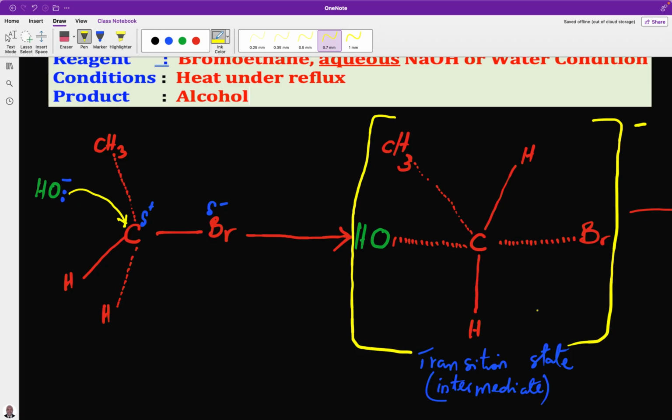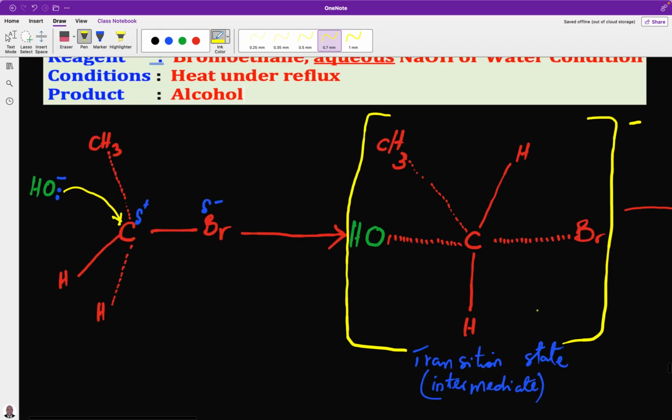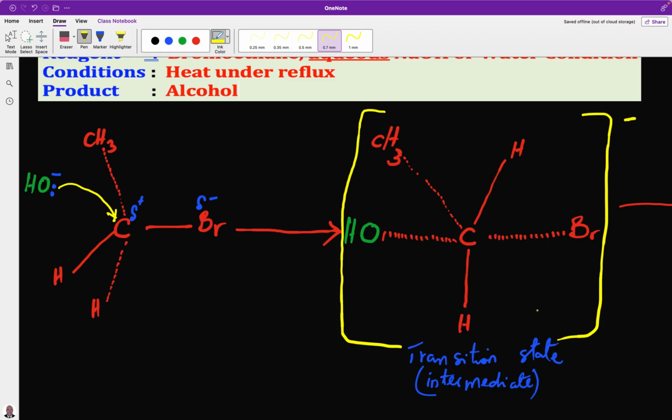You will see that, as I said, the carbon-bromine bond in this bromoethane is polarized because of the difference in electronegativity. The nucleophile is attracted to the partial positive carbon. This is the partial positive carbon. By doing it, it is trying to donate the pair of electrons here.